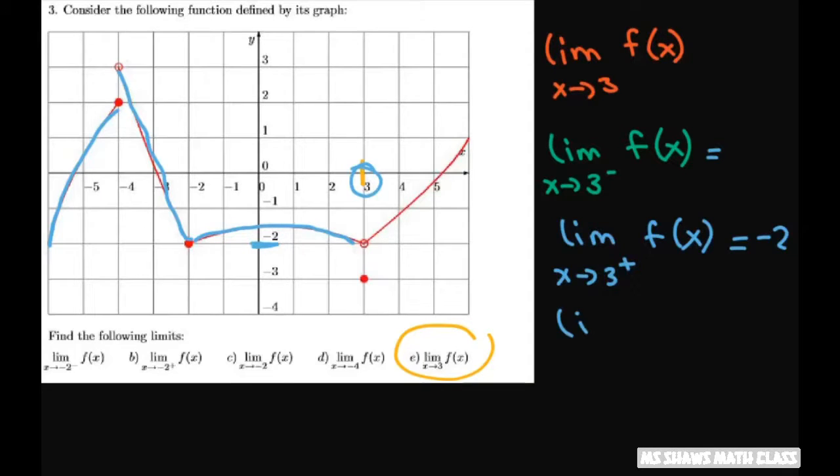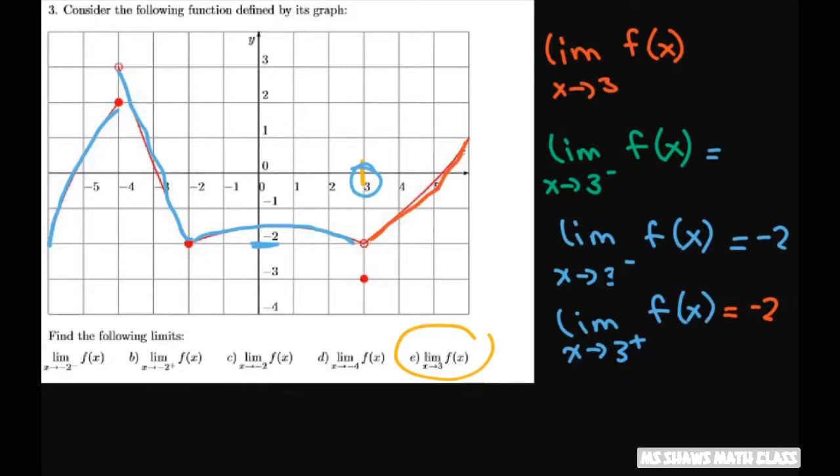You, however, this is from the left, sorry. You, however, are coming from the right. So when you're traveling, you're coming this way and you meet up here. This is also negative 2.